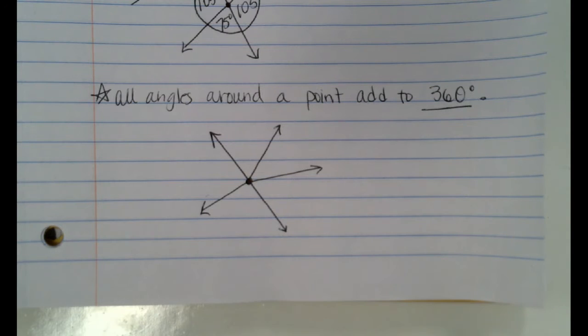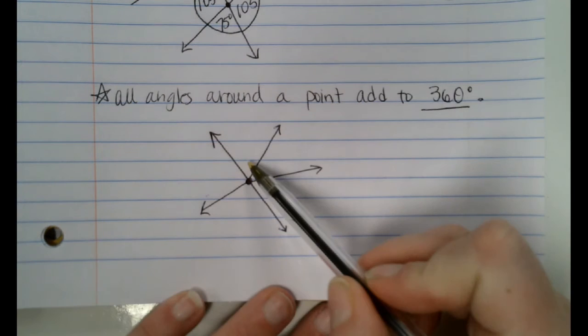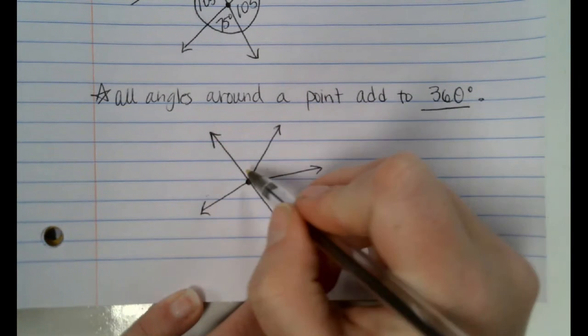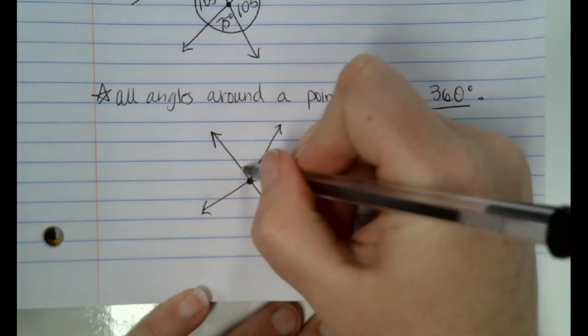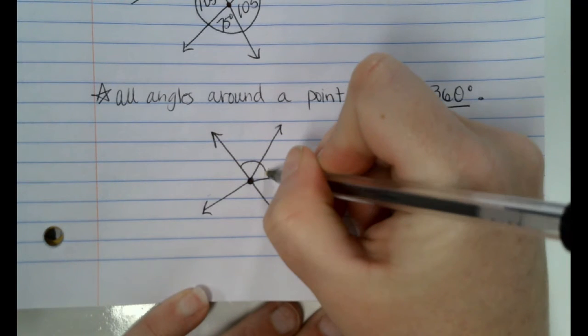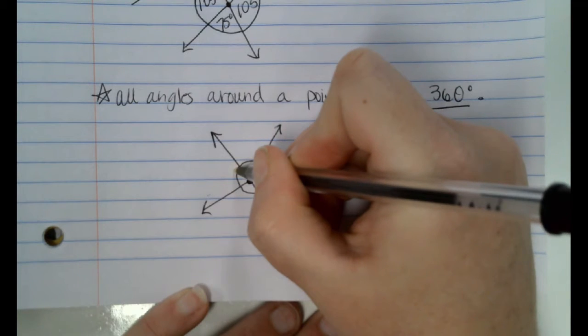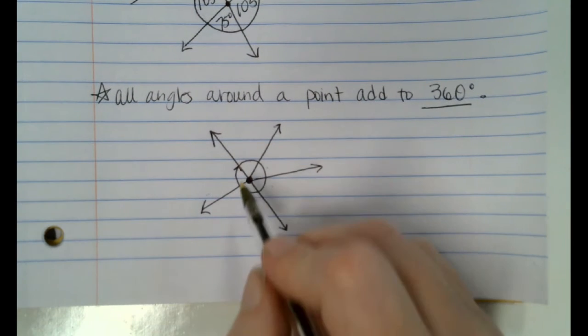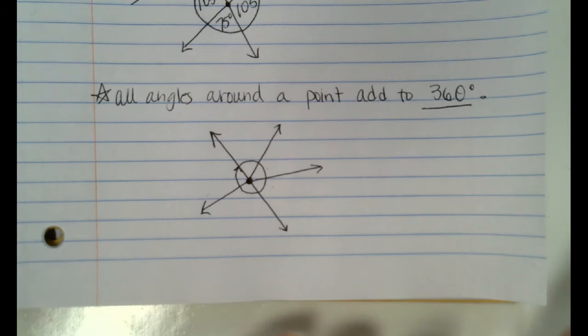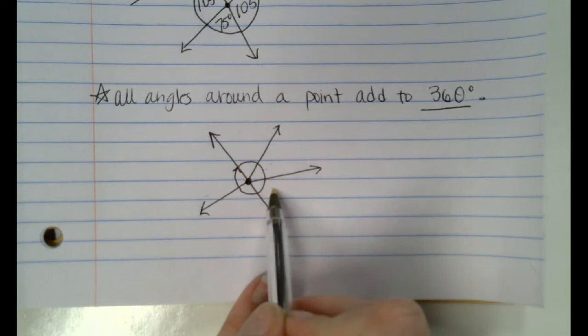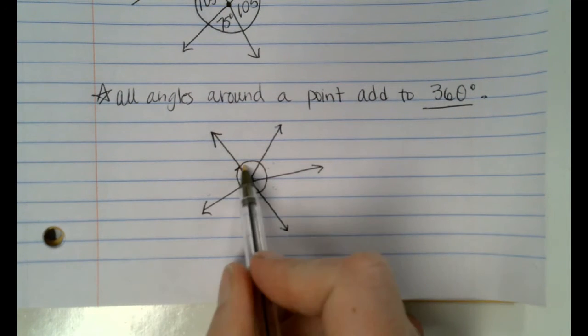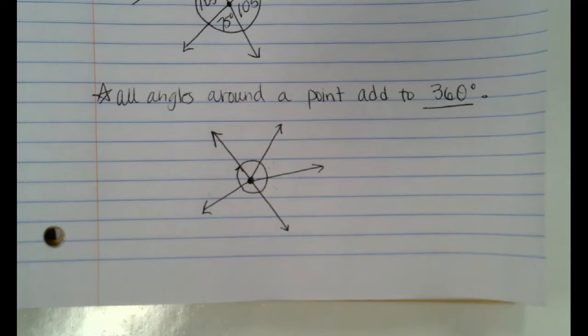How many angles are created around that point? 5, right? So even though I don't know what these angles are, I know that this one plus this one plus this one plus this one plus this one makes a full circle. So that's not a great circle, but all the way around that point, no matter what these angles are, if I knew them, we could add them up. But whatever those angles are, they will add to 360 degrees.